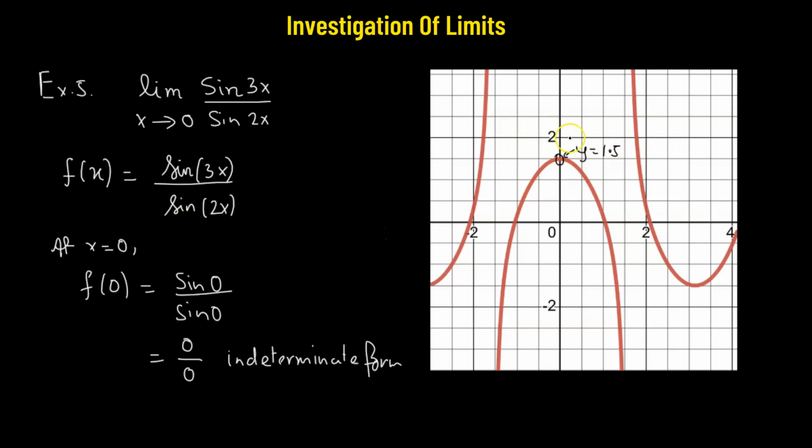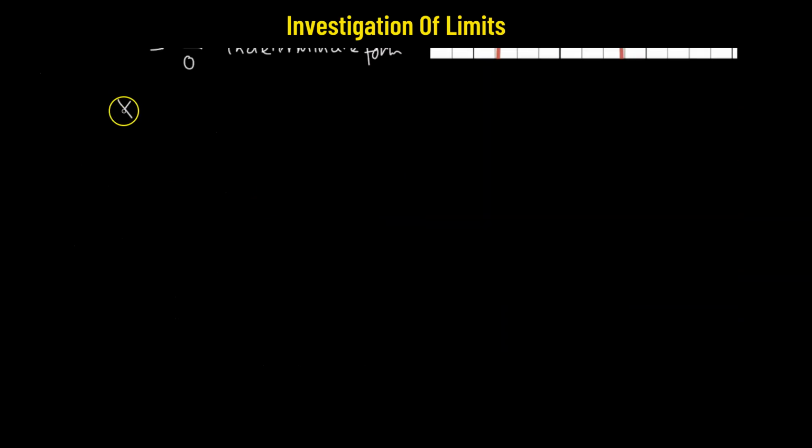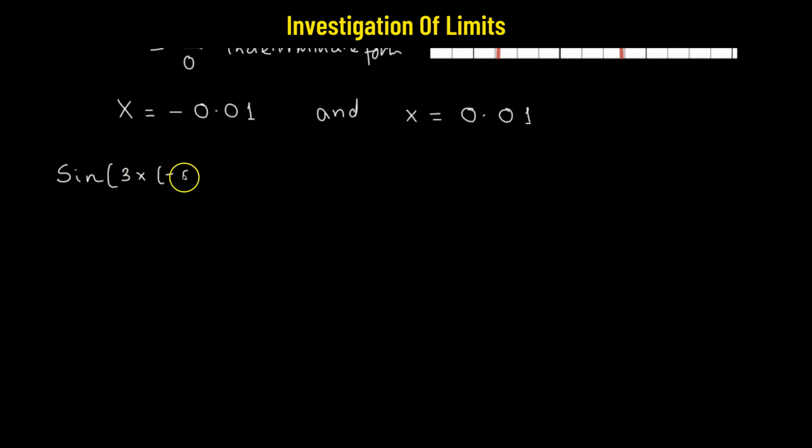So we will consider a few values in the vicinity of x equals 0. Let's consider x equals negative 0.01 and x equals positive 0.01. So we have sine 3x, so sine of 3 times negative 0.01, divided by sine of 2 times negative 0.01.